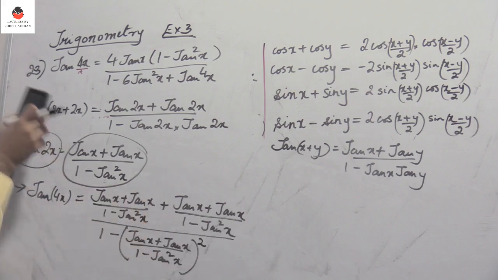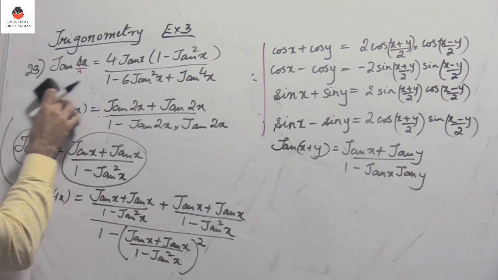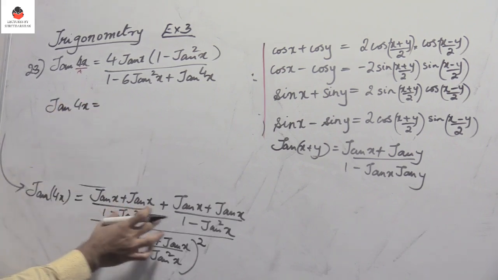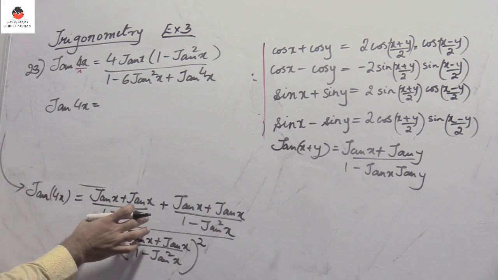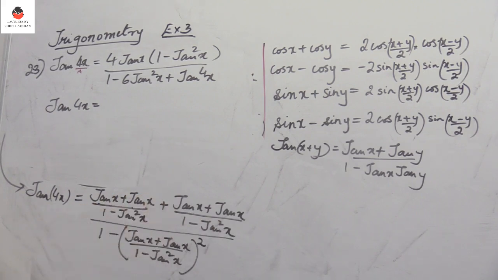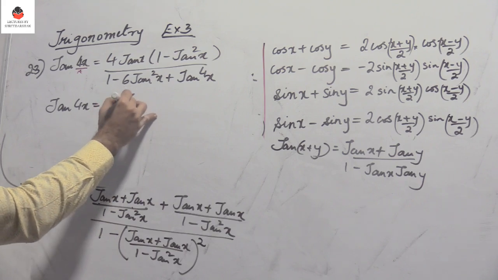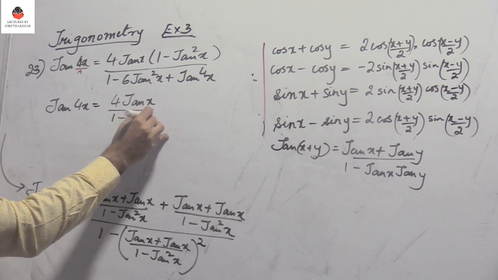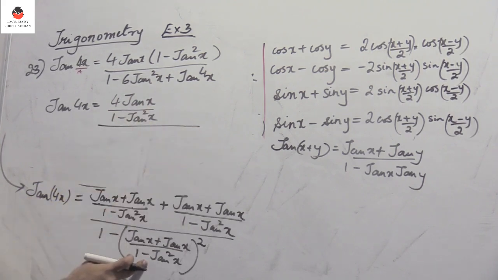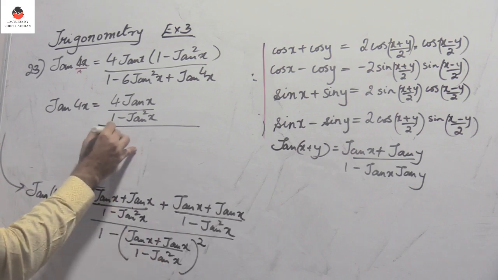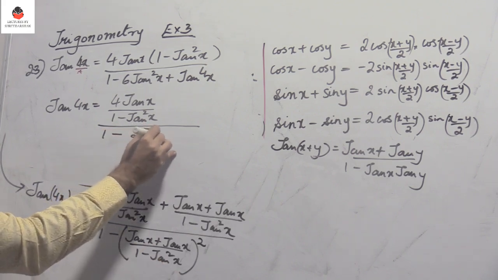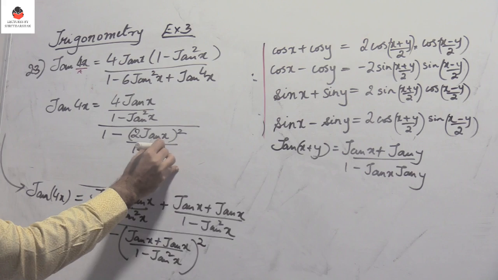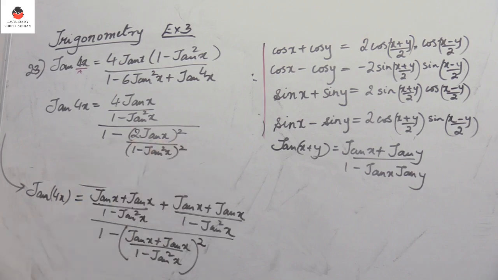So now let me again substitute this here, write it here on top. So what is tan 4x? So here the denominator is the same, right? So if the denominator is the same, I can add the numerator. So we get 4 tan x divided by (1 minus tan squared x), divided by, here I have 1 minus (2 tan x) the whole square divided by (1 minus tan squared x) the whole square, right?